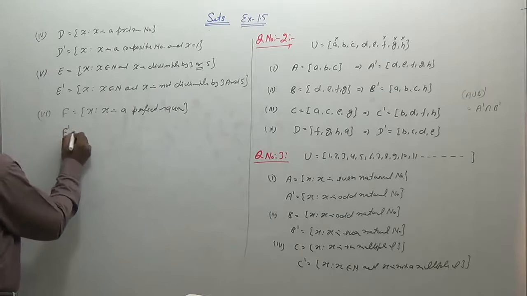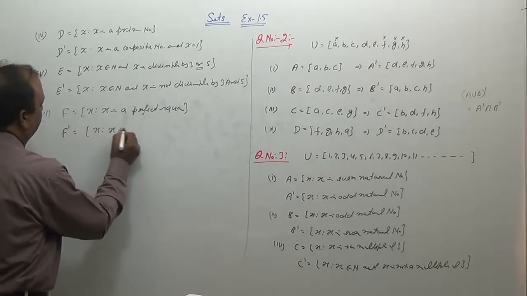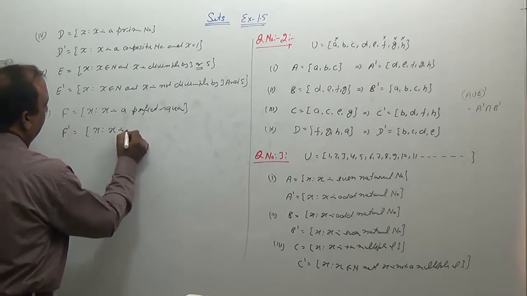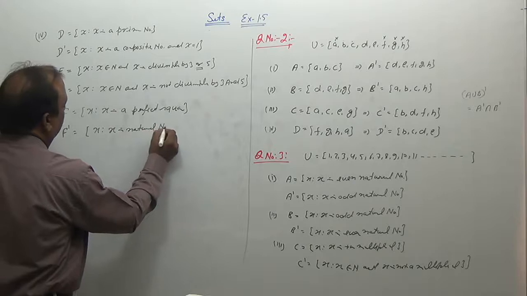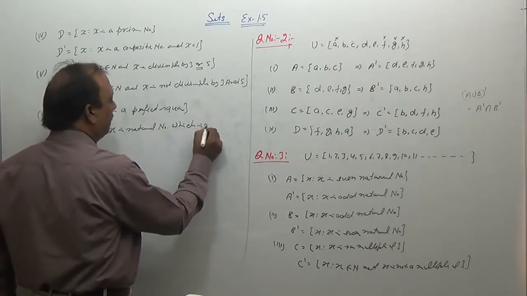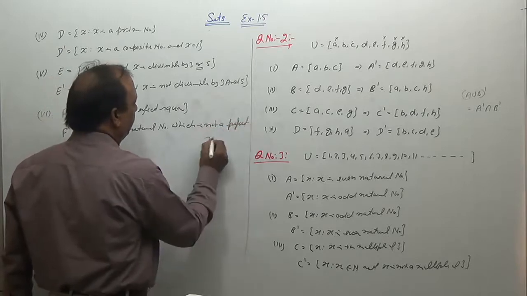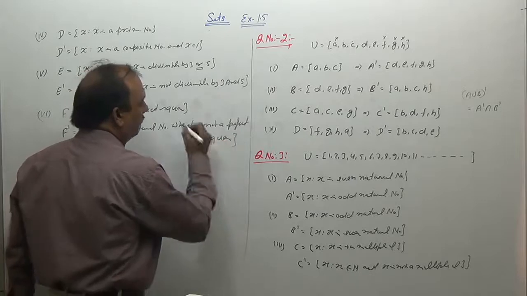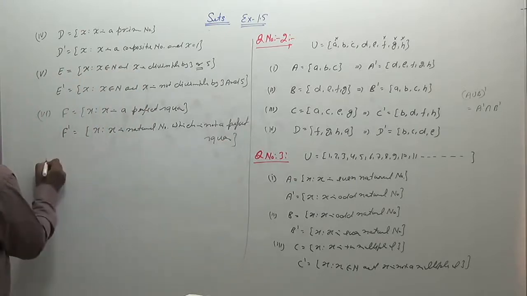So its conjugate or complement is X such that X is a natural number which is not a perfect square. So this one is the complement of A.